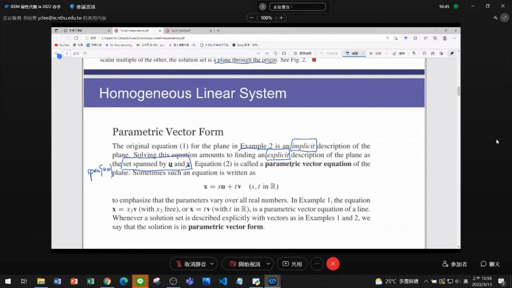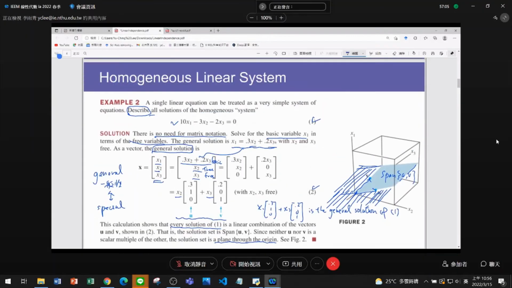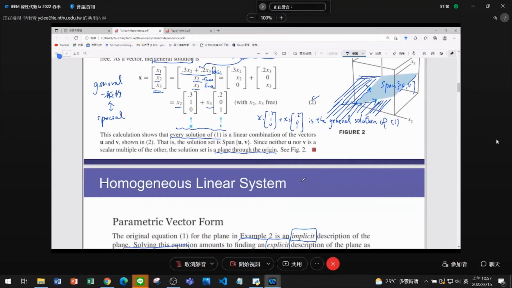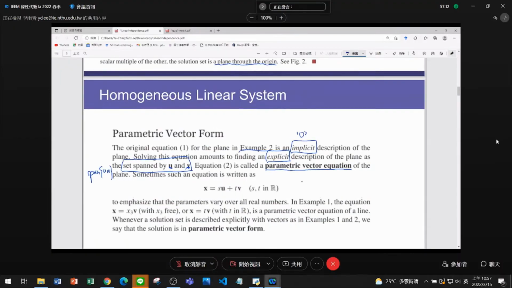This process, and such an expression, the linear combination, is called the parametric vector equation of the plane. So I have two expressions right now. The first expression is 10 times x1 minus 3 times x2 minus 2 times x3 equals 0.